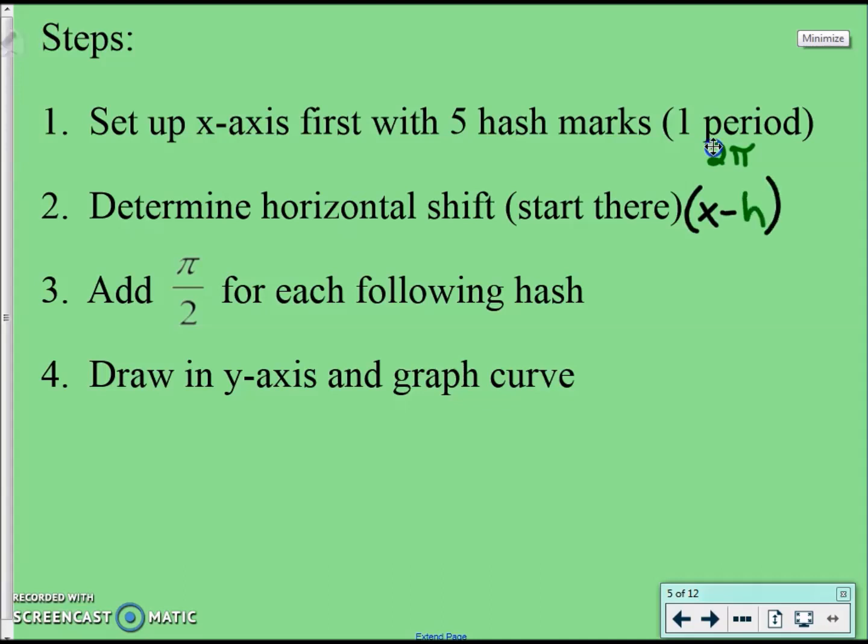Where again, minus h goes to the right, plus h goes to the left. We're going to add pi over 2 for each following hash, so that we have 5 total hashes. And then we're going to draw on our y-axis, and we're going to graph the curve.